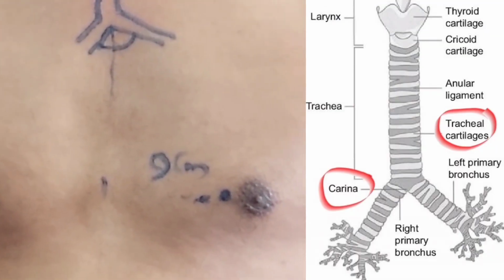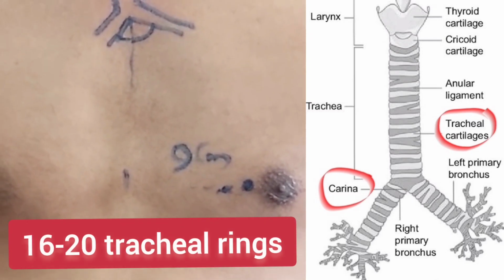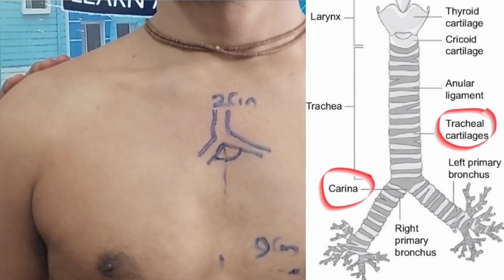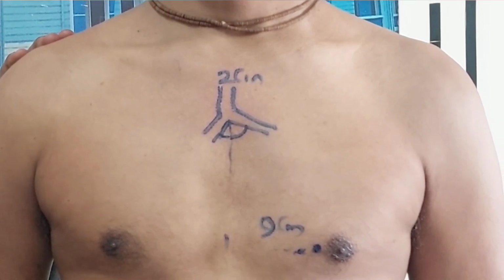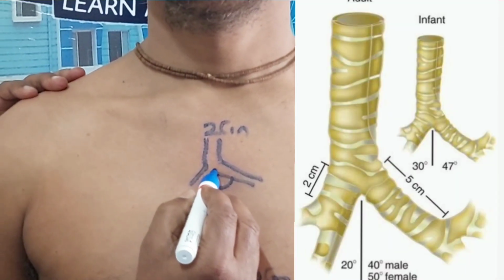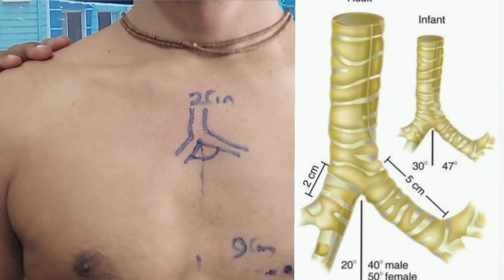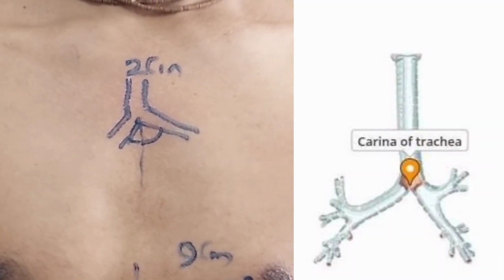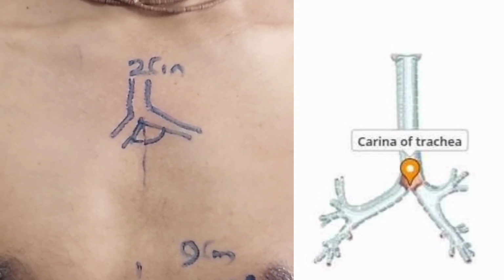There are 16 to 20 cartilaginous tracheal rings, and the cartilage is hyaline cartilage, and the first tracheal ring is the broadest one, and at the last ring where it bifurcates, you will get a projecting process called carina. This carina is a useful guide during bronchoscopic examination.